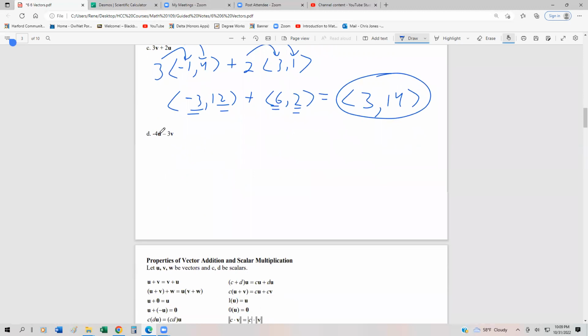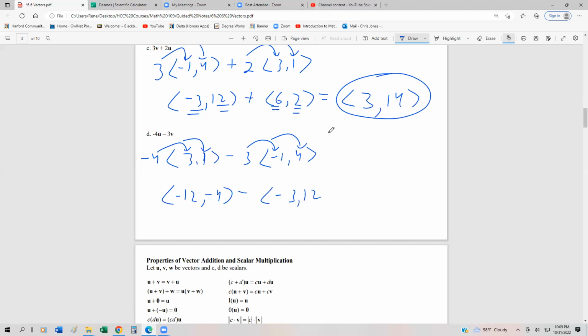Finally, negative 4u minus 3v, we're going to have negative 4 times u, which was 3 comma 1, minus 3 times the quantity of v, which was negative 1, 4. And so, distributing negative 4 and 3, we're going to end up with negative 12, negative 4, minus negative 3 comma 12.